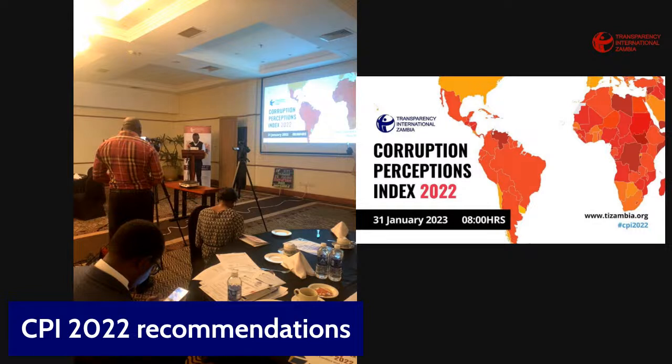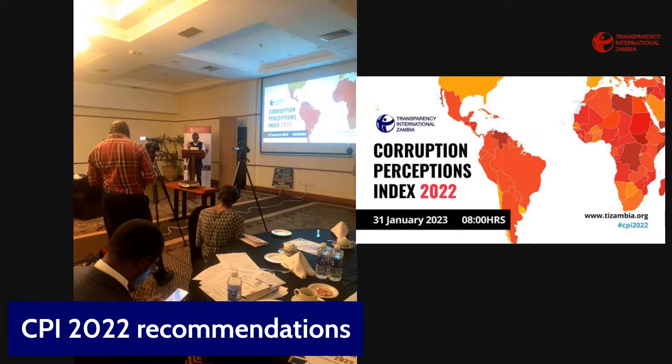In fact, in response to the results of the 2021 CPI last year, the chief government spokesperson is on record as having pledged that the UPND government would improve Zambia's CPI score in no time.